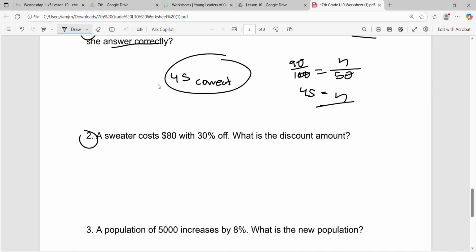Okay, number 2. Last question. A sweater costs $80 with 30% off. What is the discount amount?